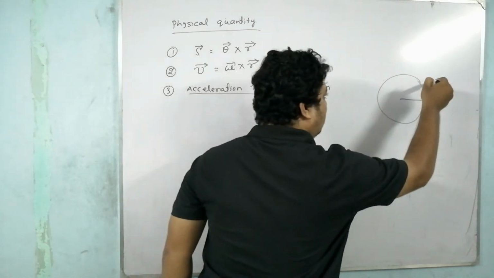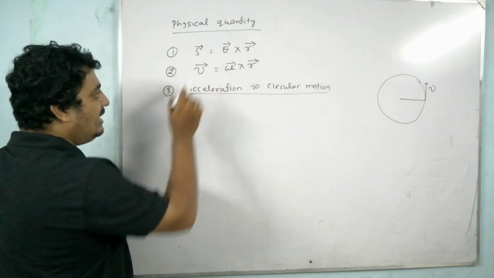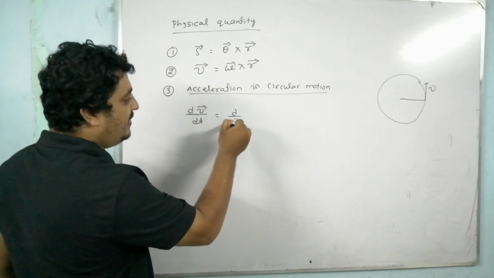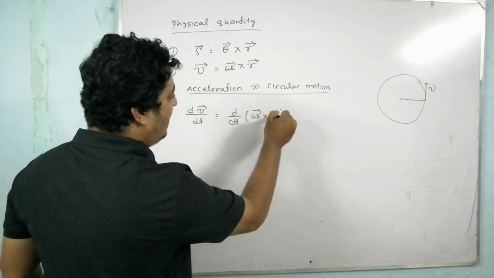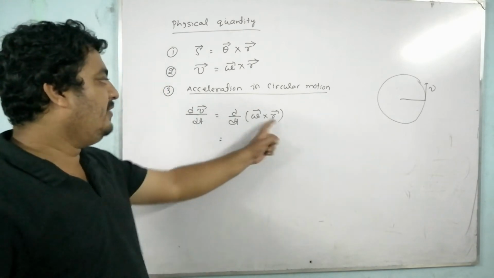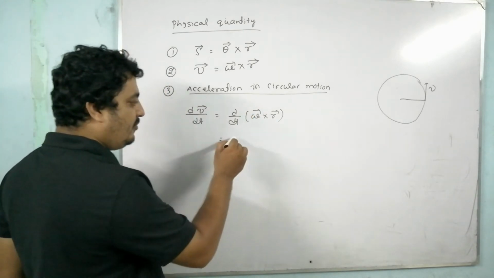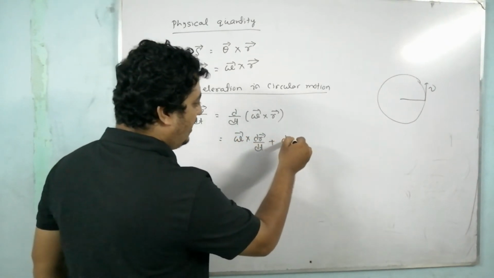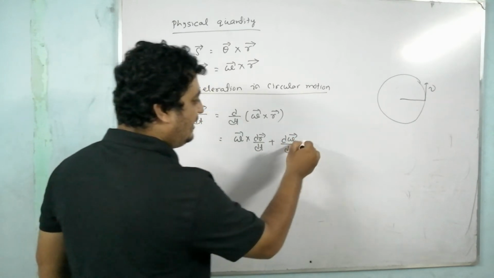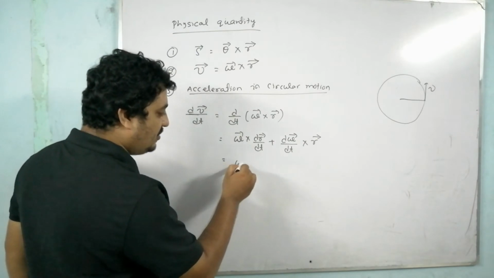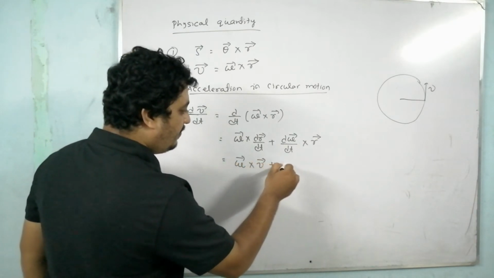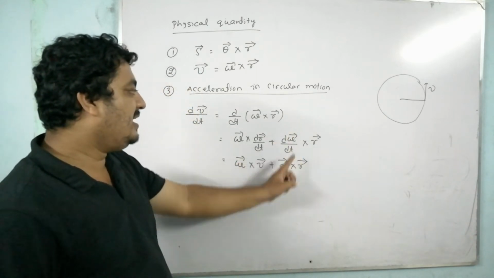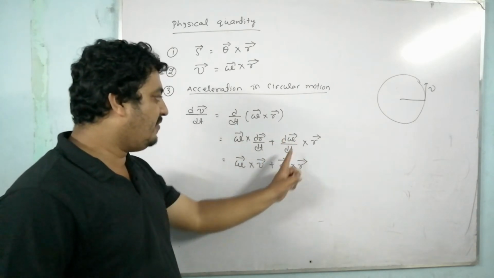So this is the direction of V. If we take the derivative, dV by dt, it is equal to derivative of omega cross R. If we apply the product rule for derivative, it will be omega cross dR by dt plus d omega by dt cross R. Now this will be omega cross V plus alpha cross R, because the derivative of angular velocity is angular acceleration.